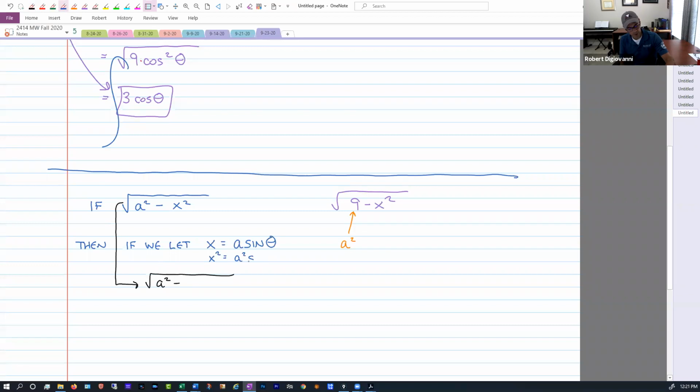A squared sine squared. So we take that and replace the x squared with that. So we get a squared sine squared. And then that a squared can be factored out of both, right? The 1 minus sine squared theta will always turn into cosine squared theta. And now you can take the square root of both.